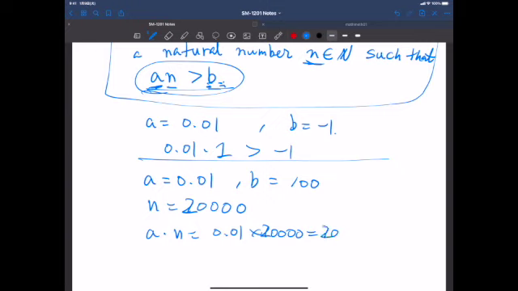Then that is 200. Yeah, 200, which is greater than 100, which is b, right? So this looks reasonable.